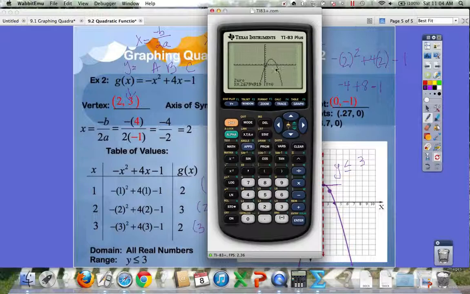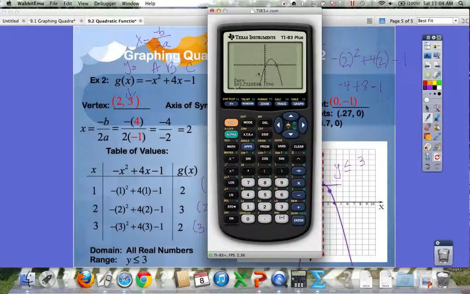Now, I need to do the one over here. So I'm going to hit second, and I'm going to hit trace, and I need to find the 0. I'm going to move the spider guy. Again, we're going left to right, so I have to do above and below this time. Enter, and I'm going to go below the x-axis, and hit enter, and hit enter again.